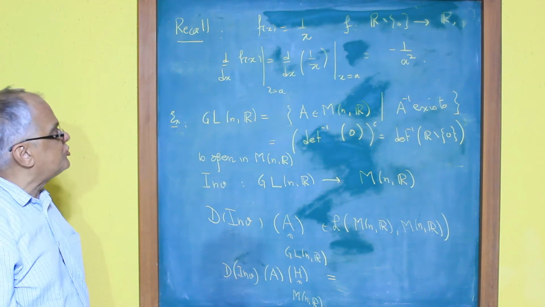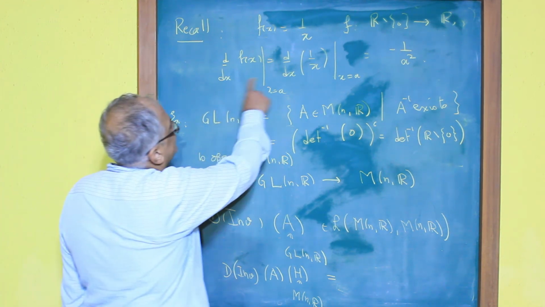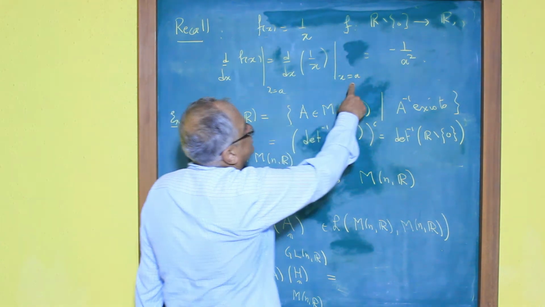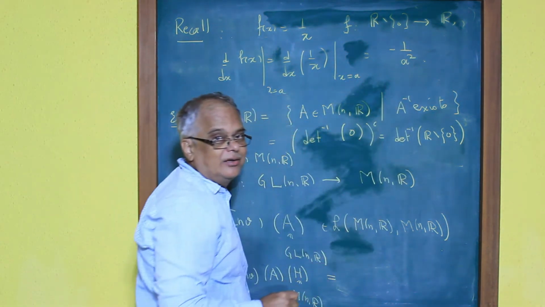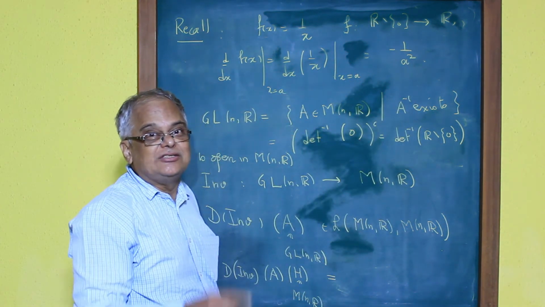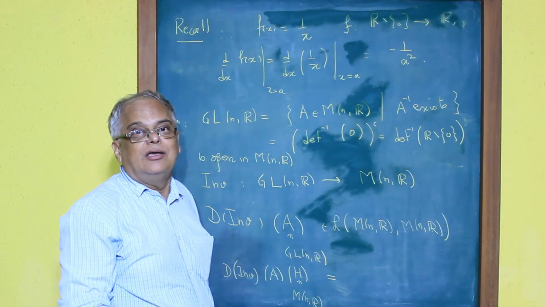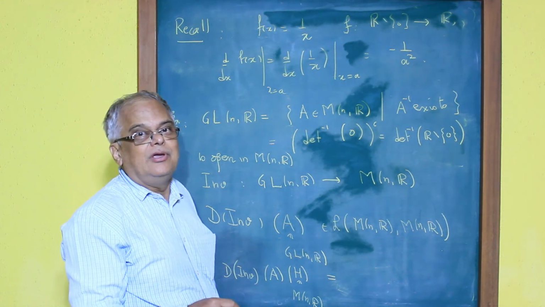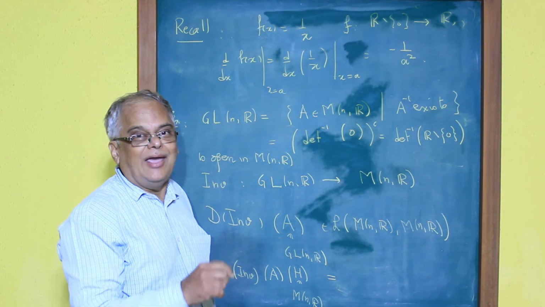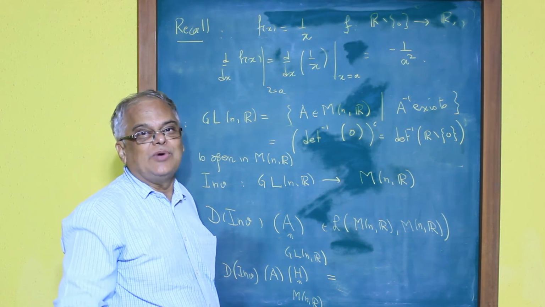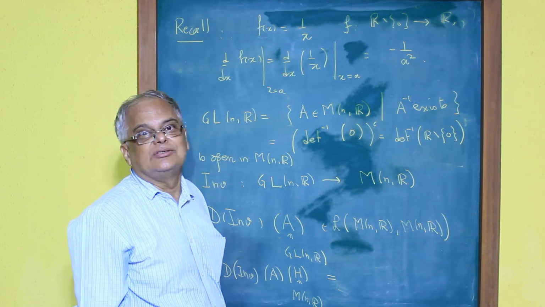So, let's go back to this definition: d by dx of 1 by x at x equal to a is minus 1 by a squared. Remember, in one dimension that minus 1 by a squared represents a linear map. It represents a linear map h going to minus 1 by a squared times h.